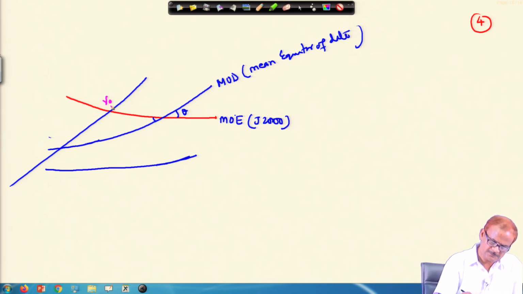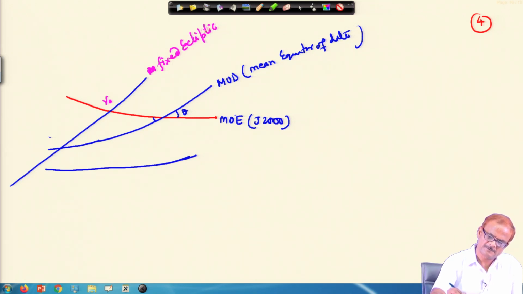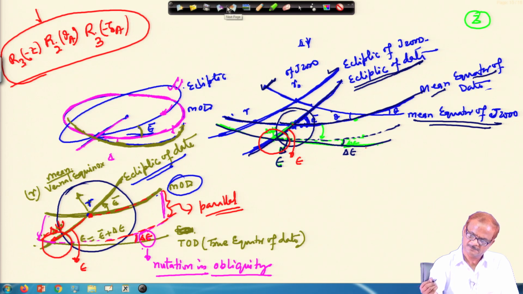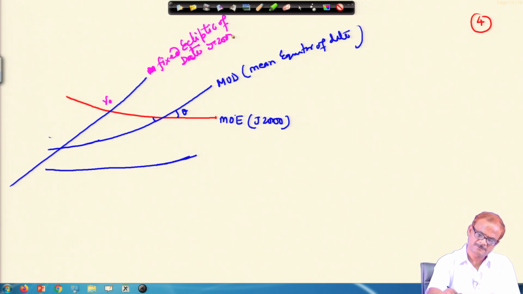This is gamma 0, the fixed ecliptic. I have used the word mean, but this is a fixed ecliptic of date, not mean. Here it is correctly written, ecliptic of J2000.